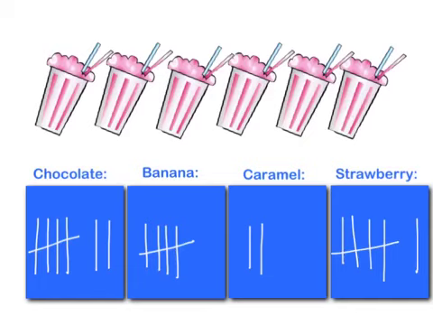Okay, so there's our completed chart or a data table that has all of the information we collected. All of our tallies for chocolate, banana, caramel and strawberry.